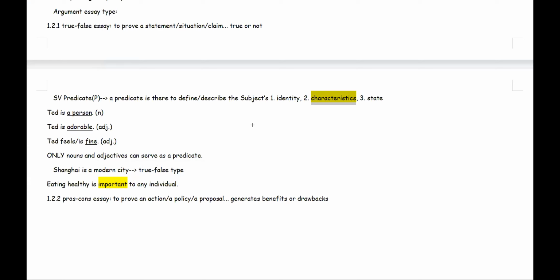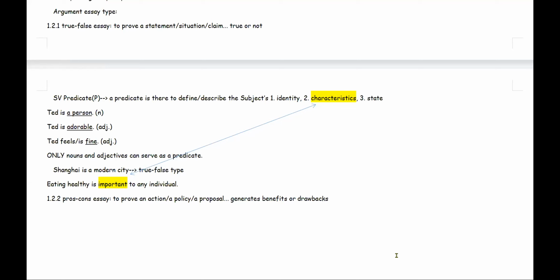So our job is to prove that eating healthy is important. Our job is not to argue whether we should or should not eat healthy. Does that make sense? Because we have important, and that's the characteristic.